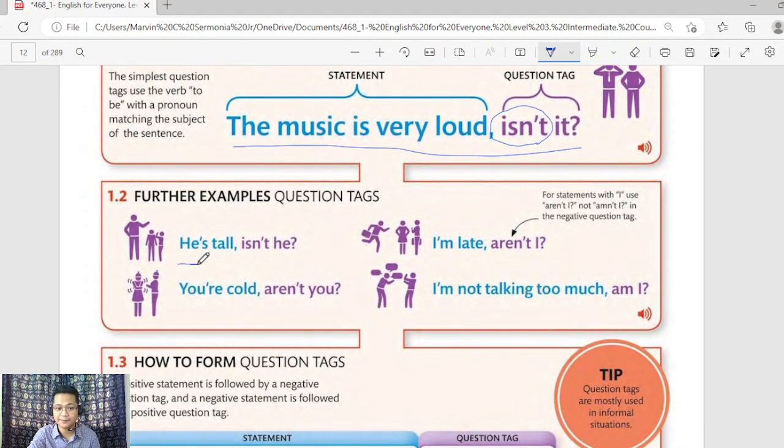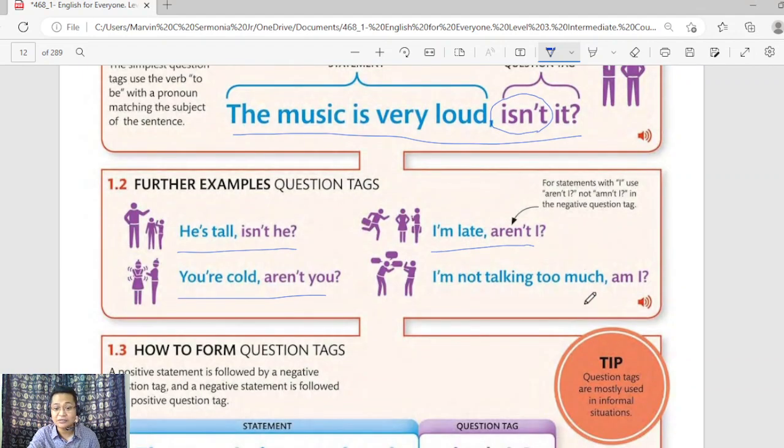First, we have he's tall, isn't he? You're cold, aren't you? I'm late, aren't I? I'm not talking too much, am I?